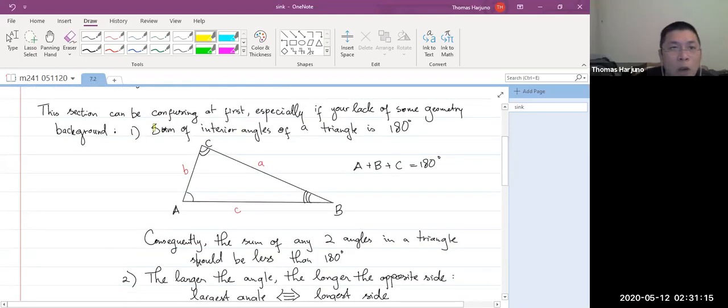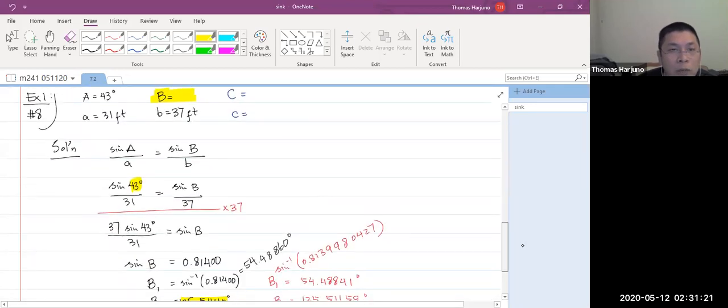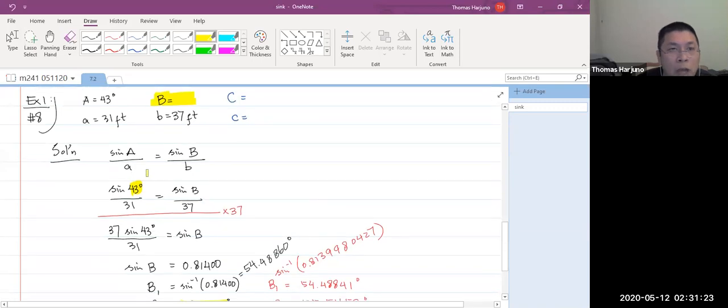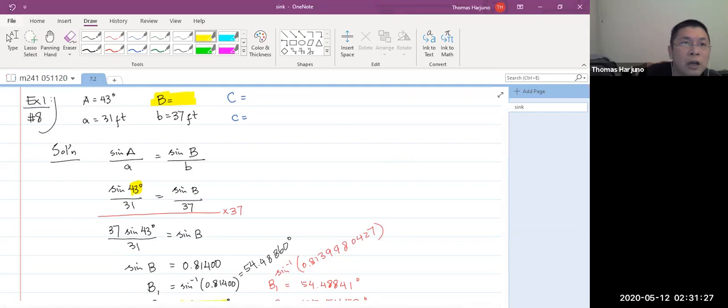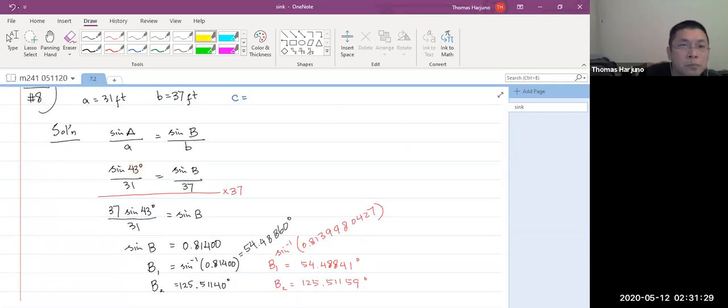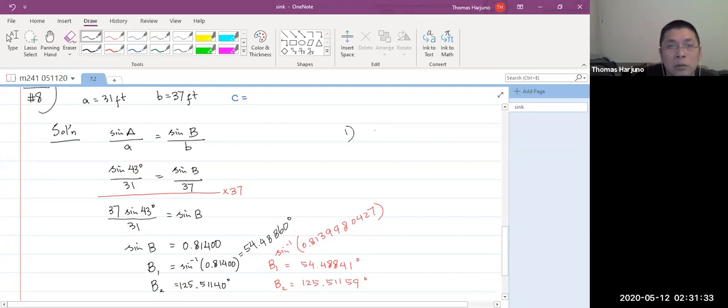So the first requirement is okay. The sum of any two angles, either B1 or B2, when we add to A, is still less than 180. So A plus B1 has to be less than 180, and A plus B2 should also be less than 180.